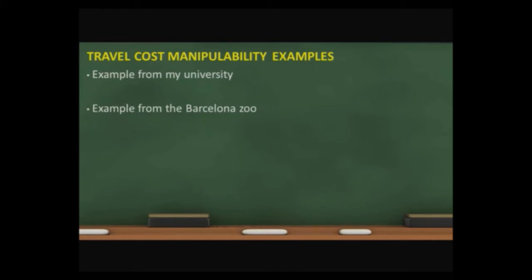One comes from my university. My university, the main campus, which is outside Barcelona, was served by a train line, okay, and had a station there. There's another company, the state company, that runs another train line that had a stop in the next town to the university.